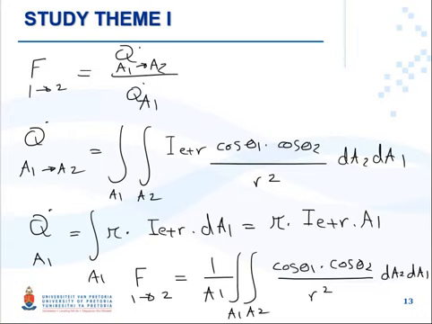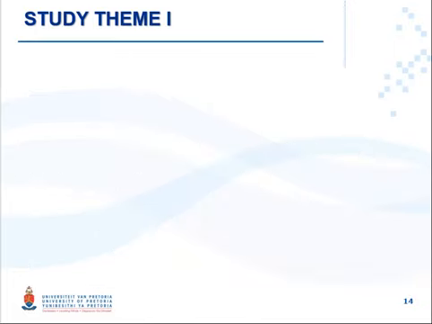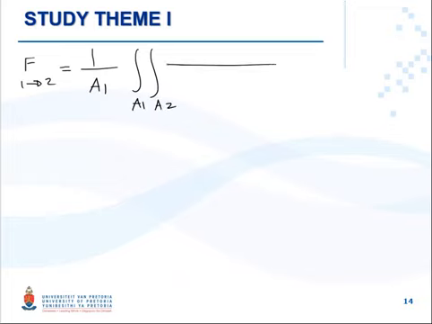Okay, so if I want to rewrite it, we can say that F12 is 1 divided by A1 times the double integral over A1 and A2 of cosine theta 1 cosine theta 2 divided by pi r² dA2 dA1.